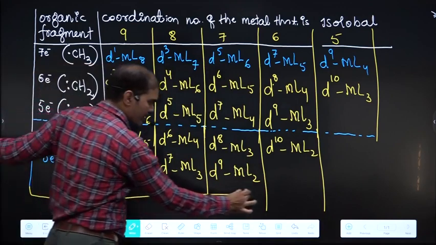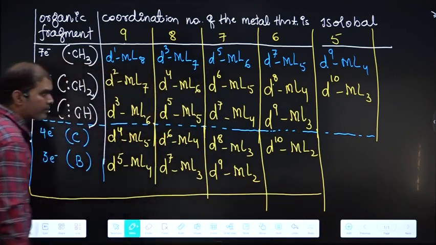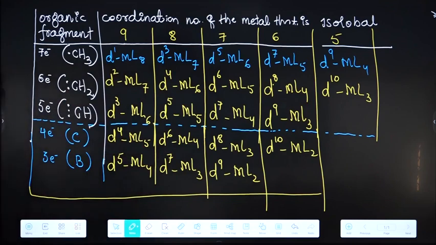What do you understand from this table? Anyone? What do you understand from this table? For the first time when I saw this table, I did not understand anything. I'm just looking at d6 ML5, that is comparable to something else.